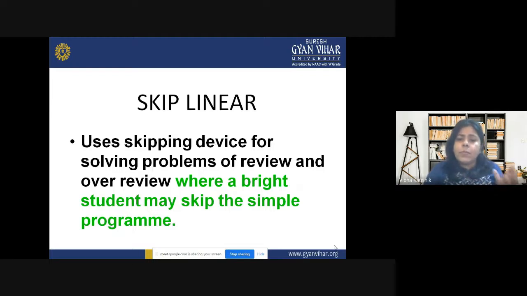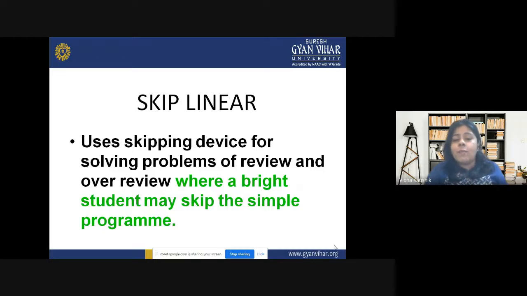So it might happen that a gifted or an above average learner might think that the information that has been shared in that particular frame is very simple, and he can escape this information and can move to the second frame.